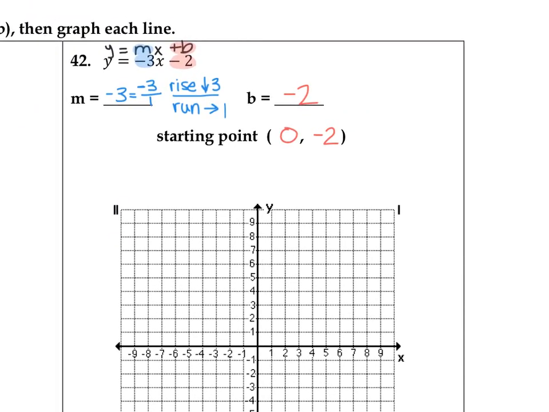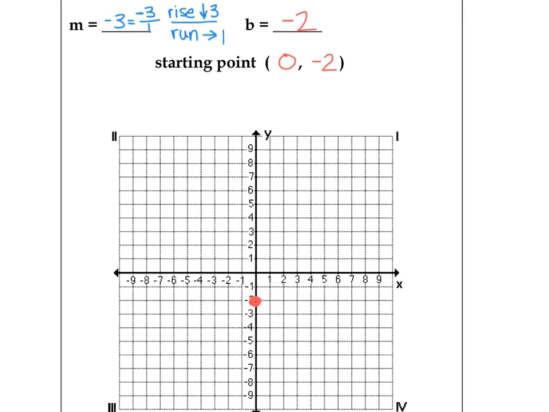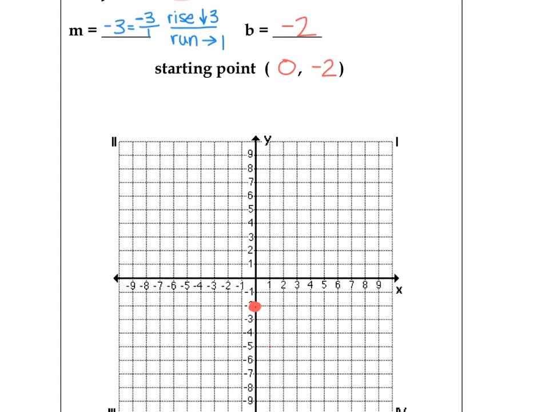B for beginning, -2. Then I'm going to go ahead and do my rise over run, which is down 3 to the right 1. So down 3 and to the right 1. I'm going to do a few points in each direction here. Follow the pattern the other way.